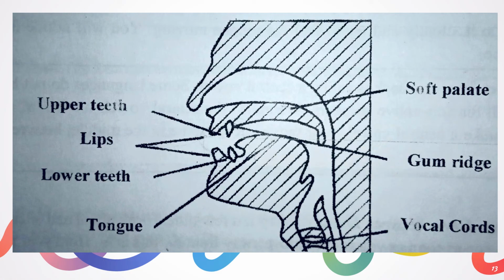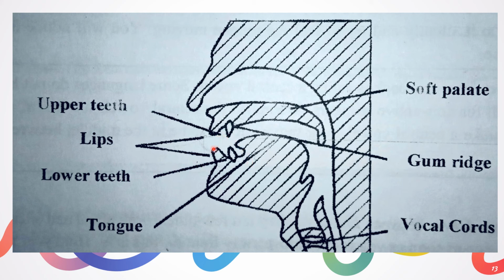Let's review some parts of the mouth. Let's start with this one. Upper teeth. This is where the upper teeth are located. Then we have the lower teeth and the tongue.